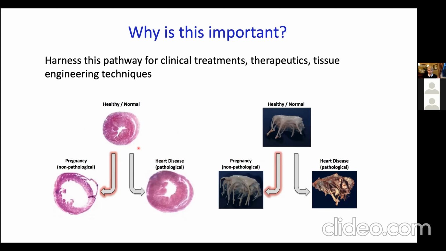If we can understand the processes driving this remodeling during pregnancy, then maybe we can harness those for clinical treatments or even for tissue engineering techniques for growing replacement heart valves and arteries.